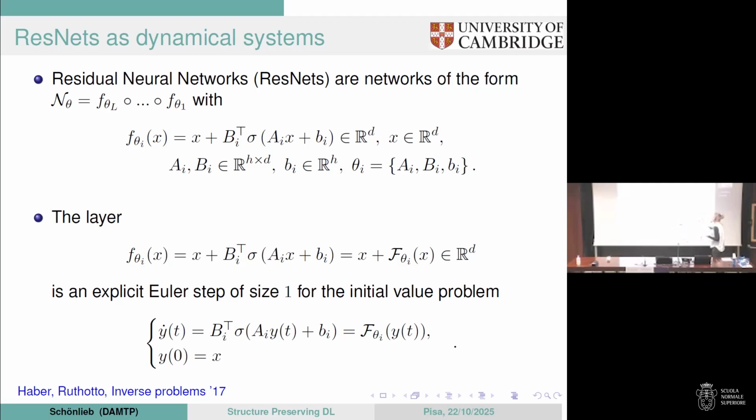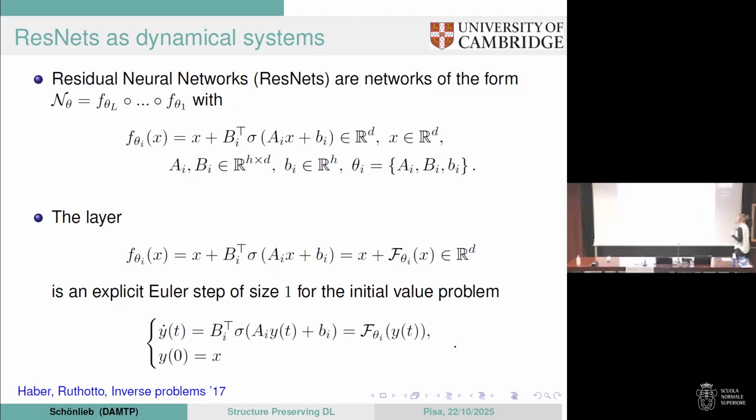And you could have another linear term here, which is handy for what I want to say later. You have another matrix multiplication here with B_i. Okay, so theta is exactly this A_i, b_i, and capital B_i, and this is what you learn. And you have different theta_i in every layer.